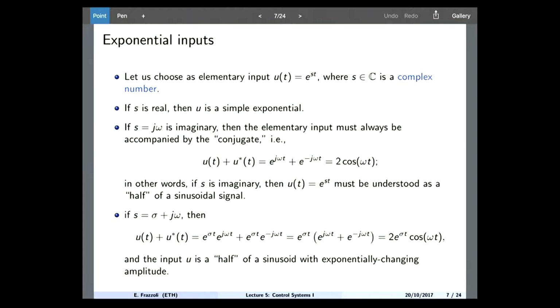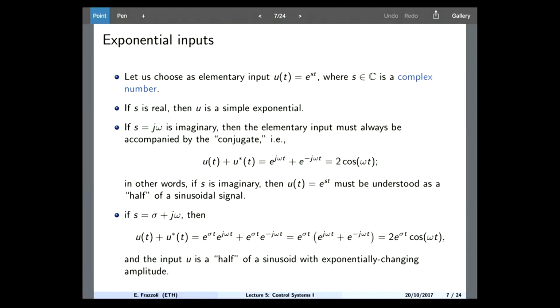This is going back to using this Euler formula, okay? So when s is an imaginary number, when I write e to the power st, I'm really thinking of e to the power st as 1/2 of a sinusoid, okay? 1/2 meaning that I need to add the complex conjugate, okay?